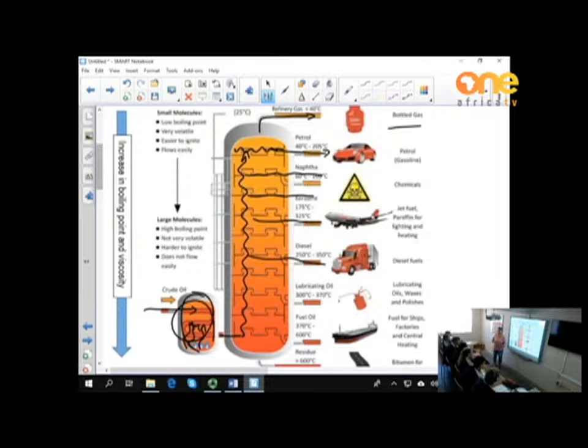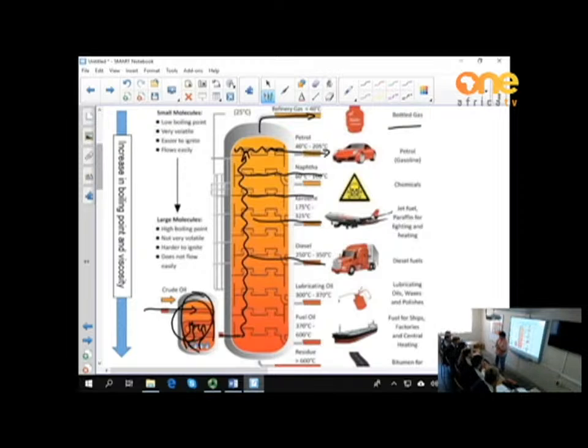If you think about petrol and diesel, if you had to compare the two, petrol evaporates. Does diesel evaporate? No, not really. Why not? Because petrol has a boiling point between 40 and higher than that, while diesel is over here between 250 and 350. So diesel is stickier, doesn't want to evaporate very easily.